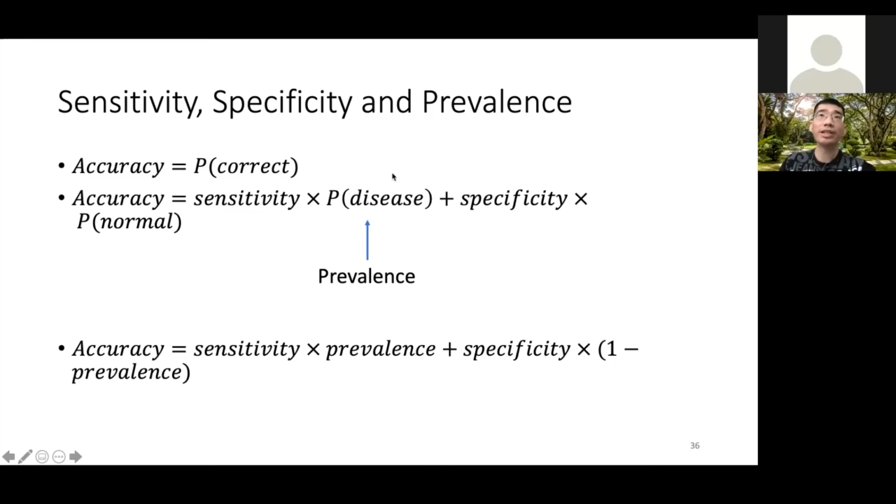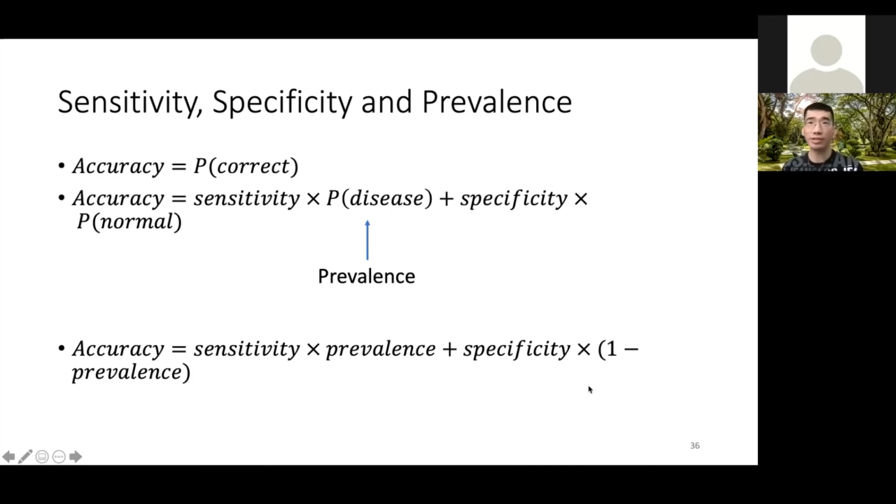The other piece of useful terminology is for the remaining terms over here. The probability of a patient having disease in a population is called the prevalence. And the probability of being normal is simply 1 minus the prevalence. We can thus write accuracy in terms of sensitivity, specificity, and prevalence. So why is this useful?